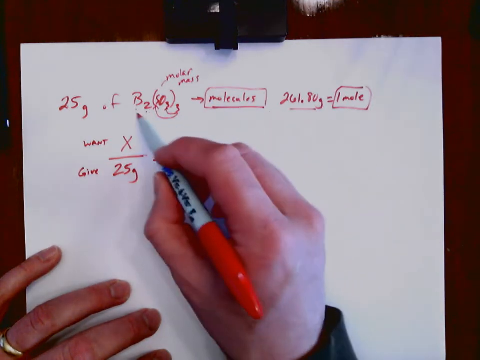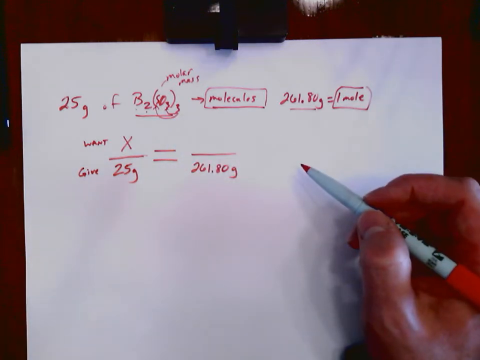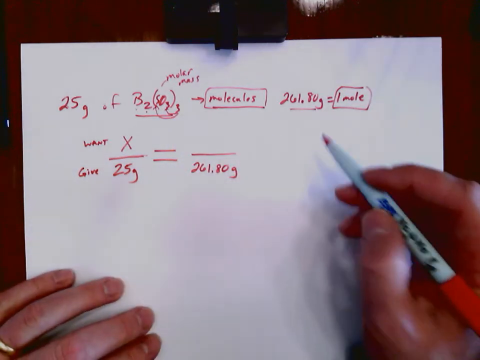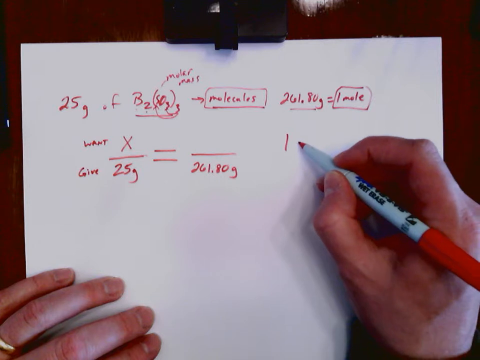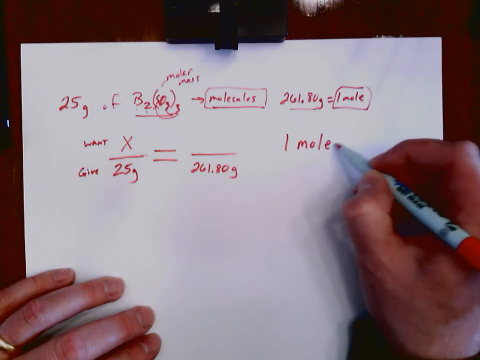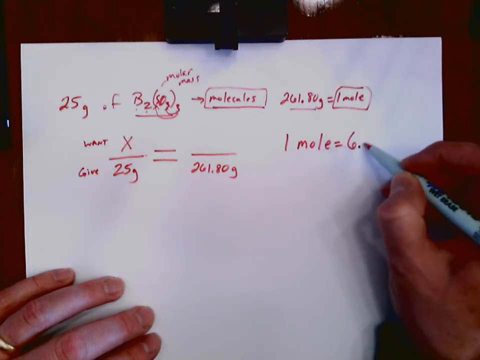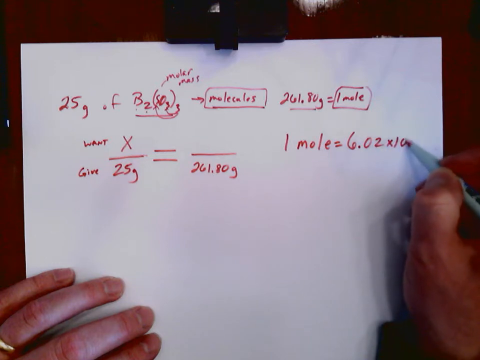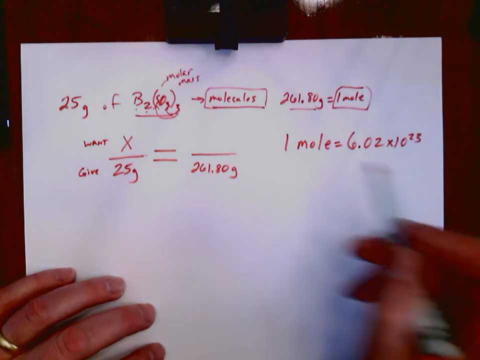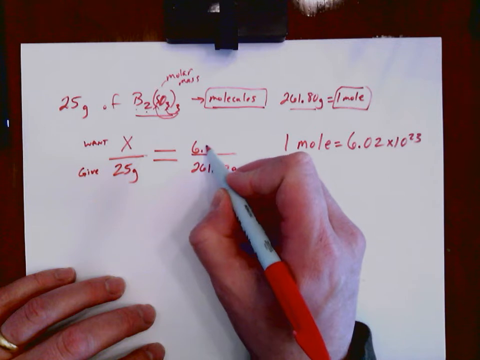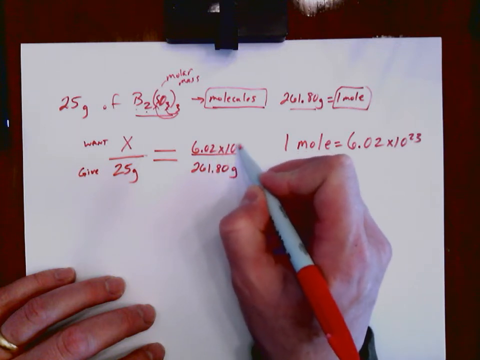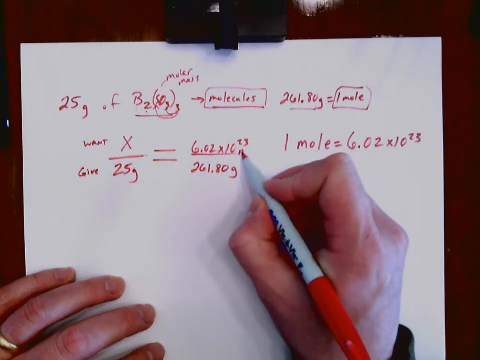How many of this molecule do I have? So I need to remember that 1 mole of something equals 6.02 times 10 to the 23rd. And this is where that power of 10 comes in. So 6.02 times 10 to the 23rd molecules.